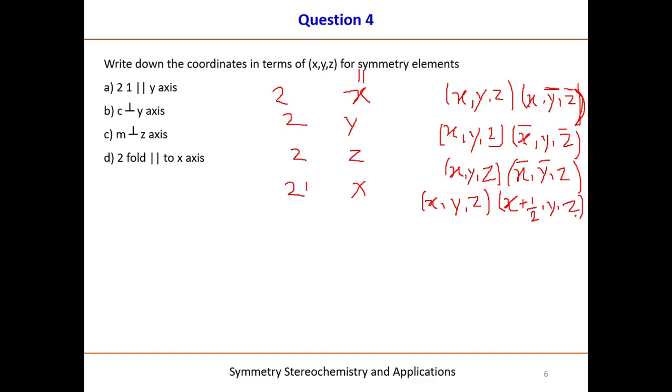Correct? This is the x, y, z coordinate for the first example. So this is the answer for the first one.